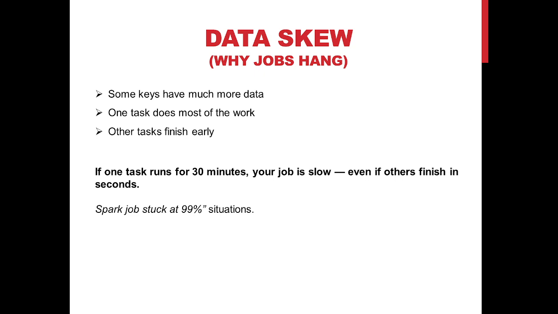And here's the important line. If one task runs for 30 minutes, your job is slow, even if all others finish in seconds. This is why Spark jobs appear stuck at 99%.